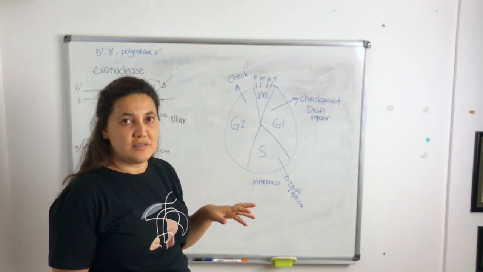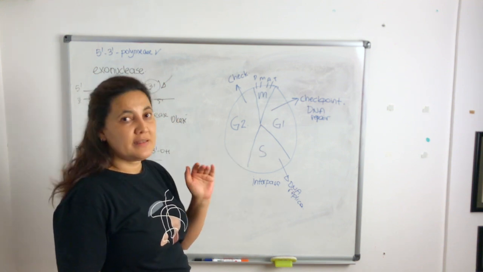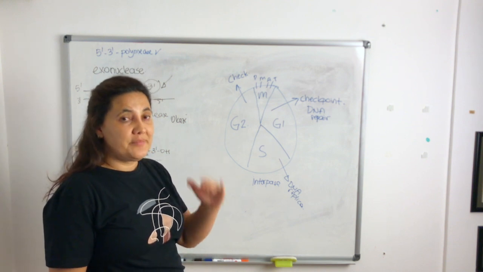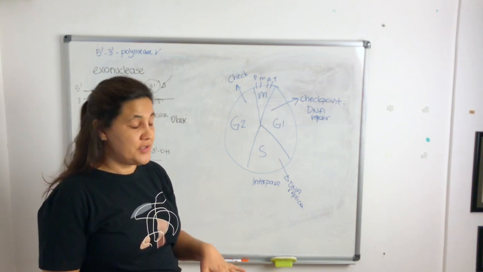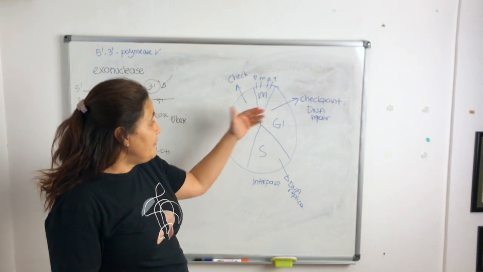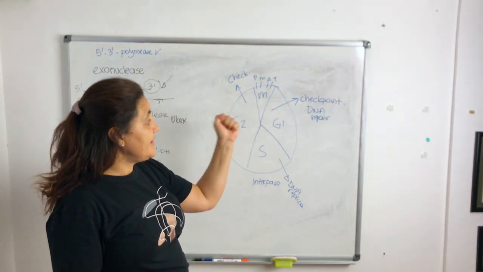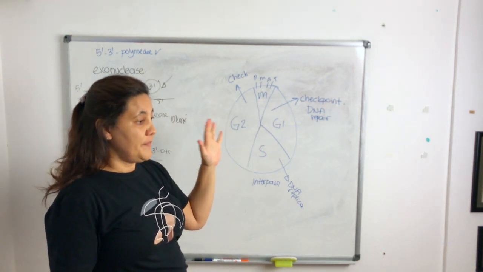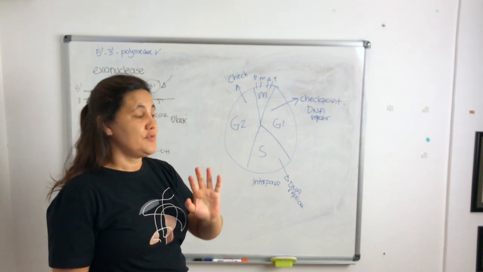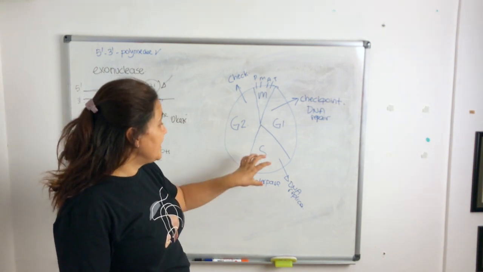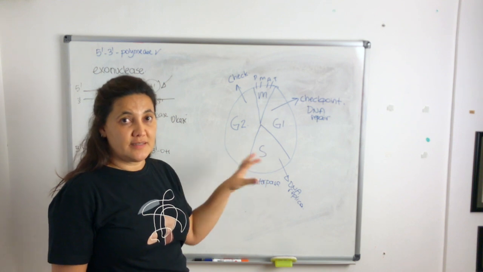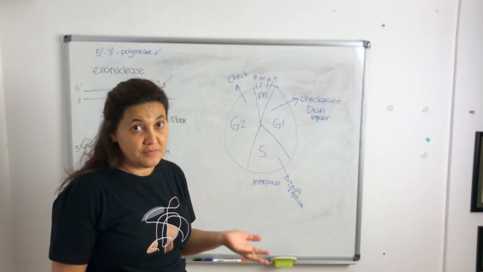If there are mutations, then they stop at that point, give a pause, and repair the damage. Before the DNA repair system approves the chromosomes, the cell cannot go into the S phase, and cannot start the DNA replication process.